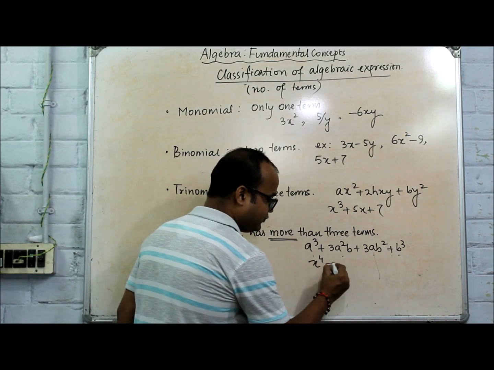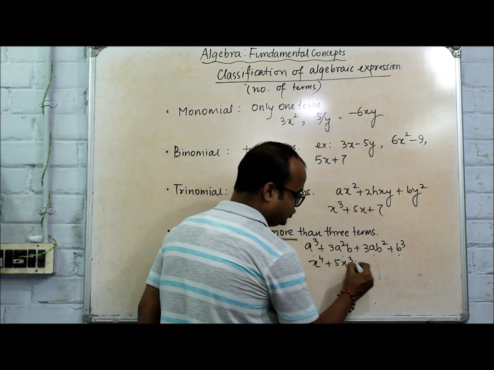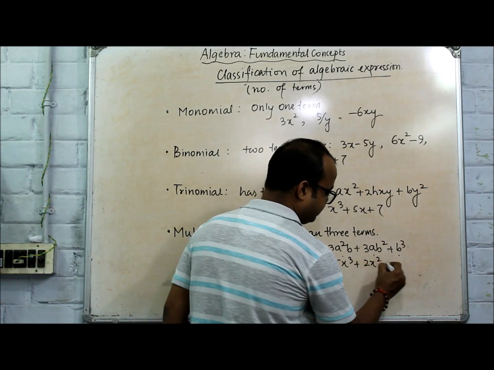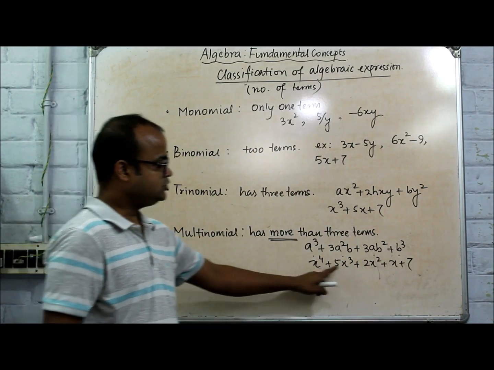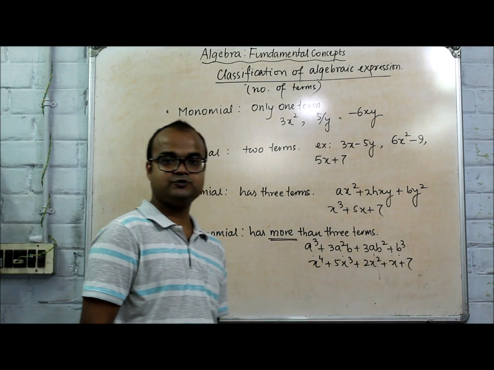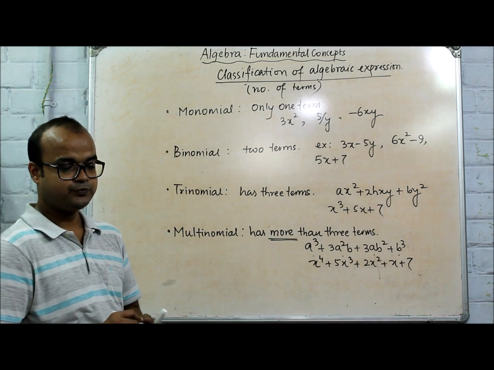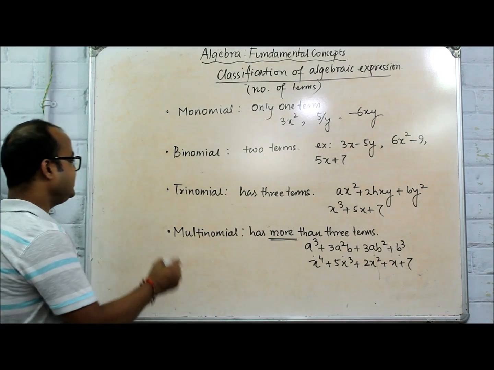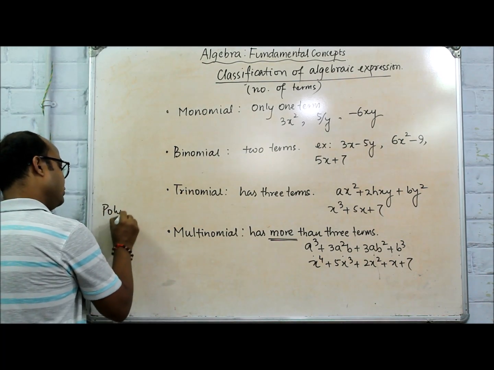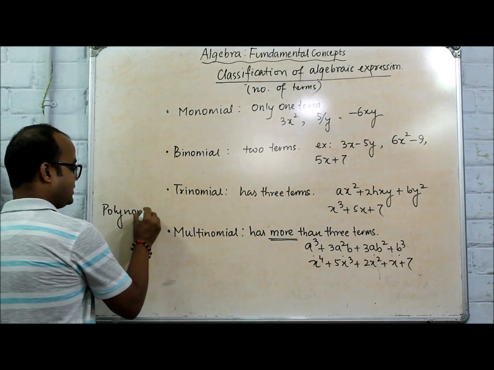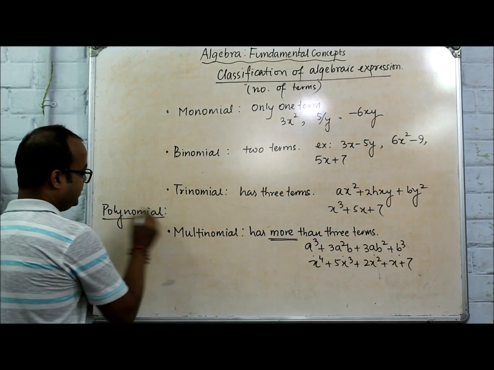Like x to the power 4 plus 5x cube plus 2x square plus x plus 7, 1, 2, 3, 4, 5 terms. So it is a multinomial. And generally we call it a polynomial. What is a polynomial?